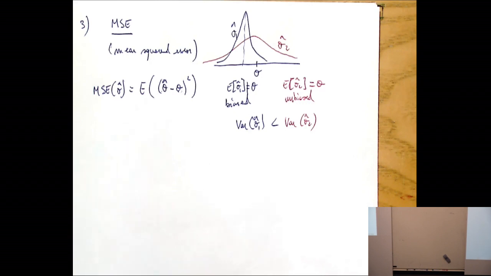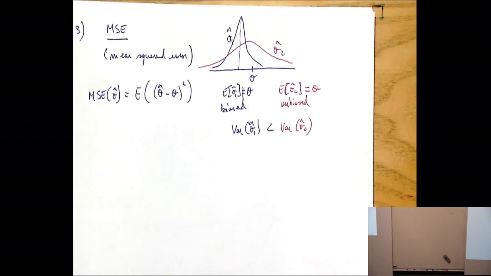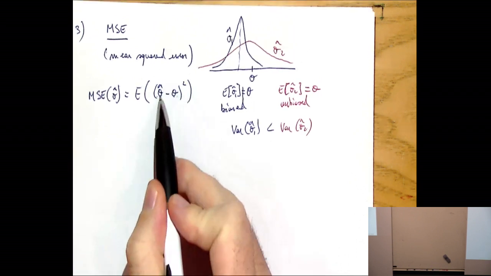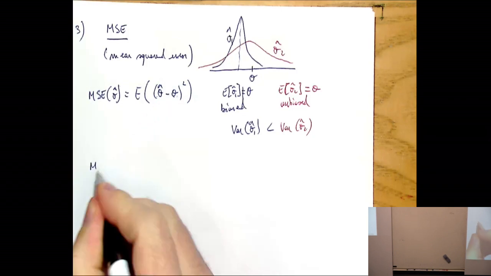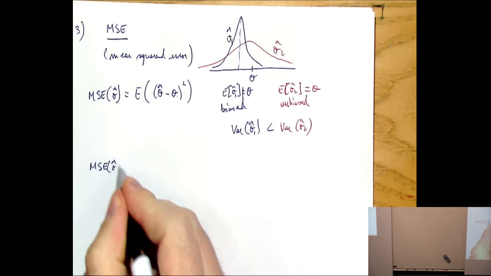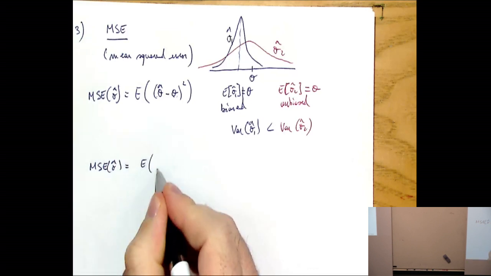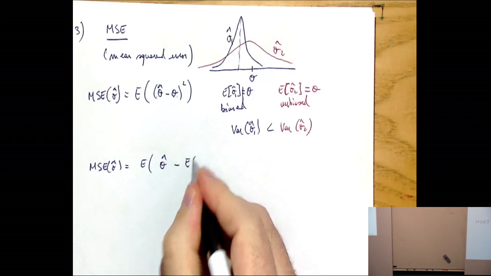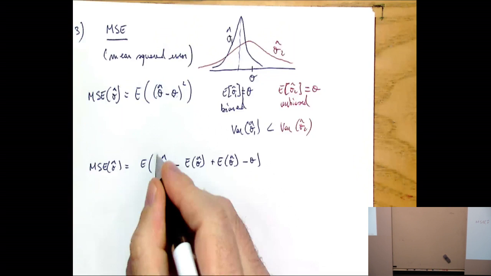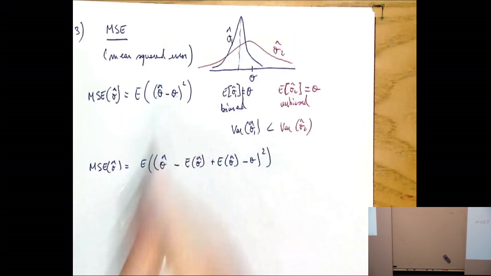Right, so this is the mean square error. Let's look at what that means. That's the expectation of the square of the difference between the estimator and theta. So let's expand this a little bit. I'm subtracting a term here and then adding it, right? So I'm not changing anything in that definition.